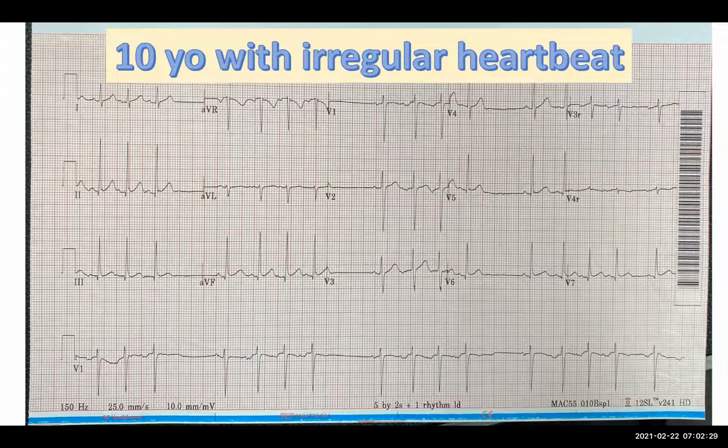And I see a P before every QRS in lead 1 and aVF, so it's sinus. And then there is prolongation of PR, and then a dropped beat. So it looks like Wenckebach, but with sinus.